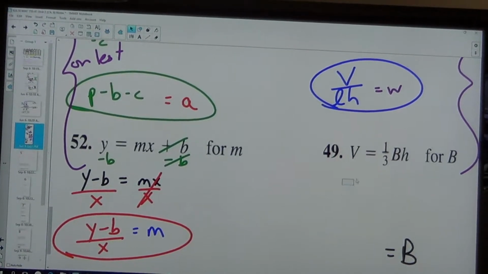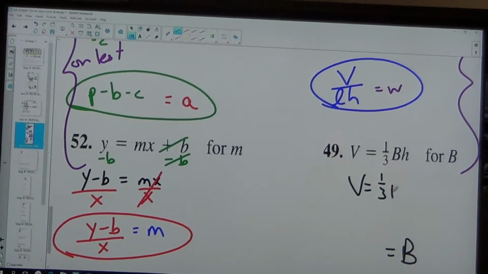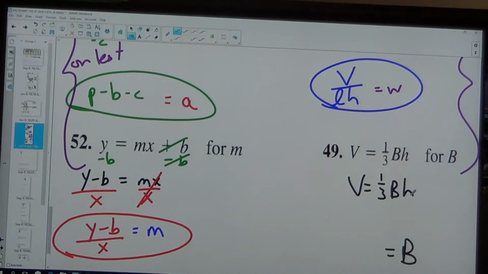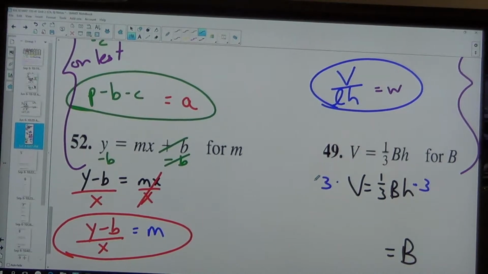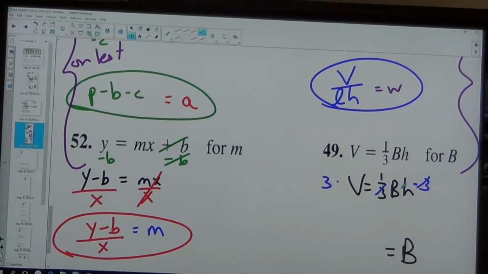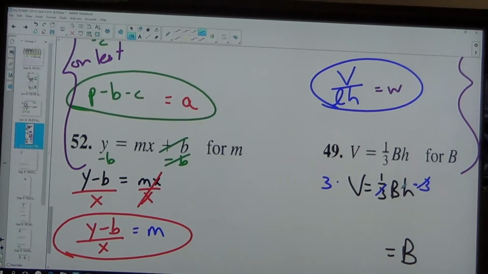So it is capital V equals 1/3 big B times H. The first thing you need to do is get rid of the fraction, so multiply both sides by 3. So whatever the fraction is, multiply by the reciprocal or multiply by that number. That will get rid of your fraction.